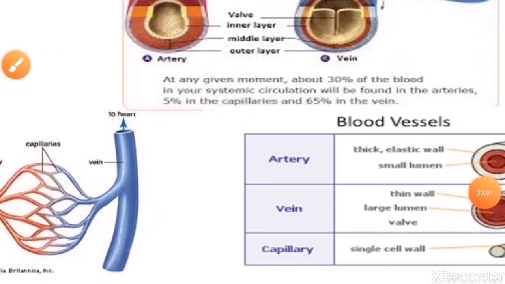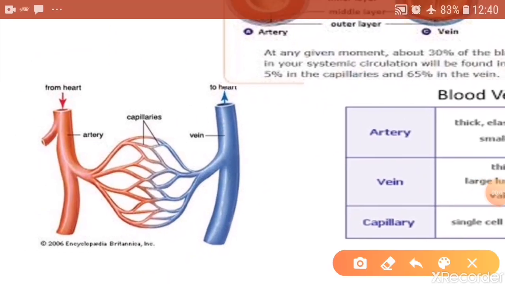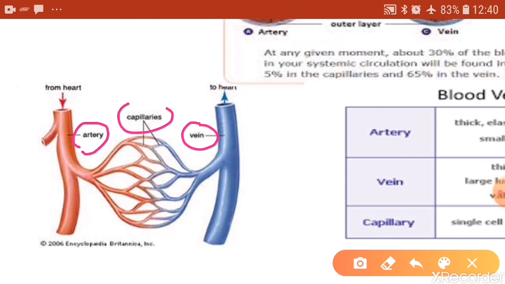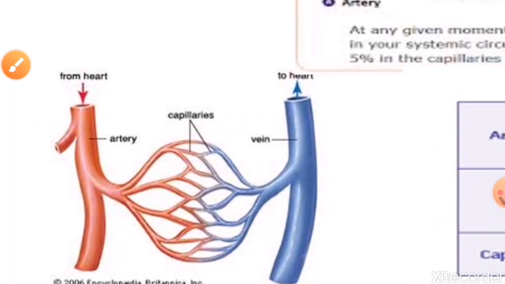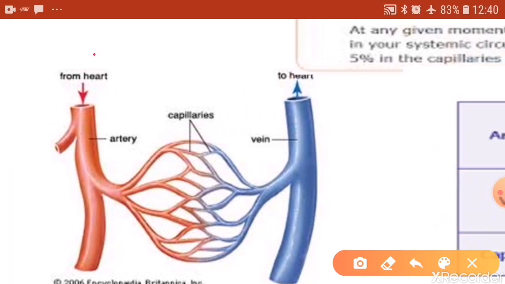Blood vessels are of three types. They are the arteries, the veins, and the capillaries. Arteries are the blood vessels which carry blood from the heart to different parts of the body. Whereas veins are the blood vessels which collect blood from different parts of the body and take it to the heart.